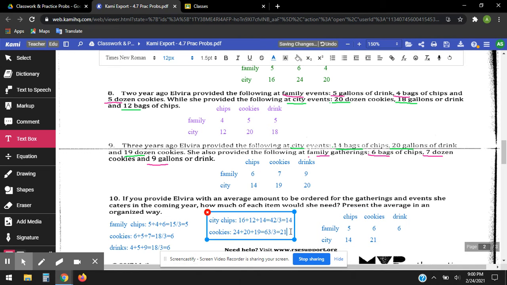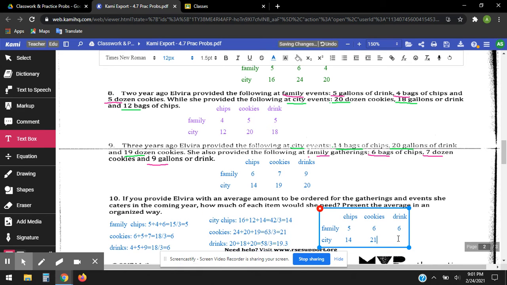And then I need to do the last one, drinks. All right, so they had 20, 18, 20. 20 plus 18 plus 20 equals 58. 58 divided by 3 is actually 19.3 repeating.